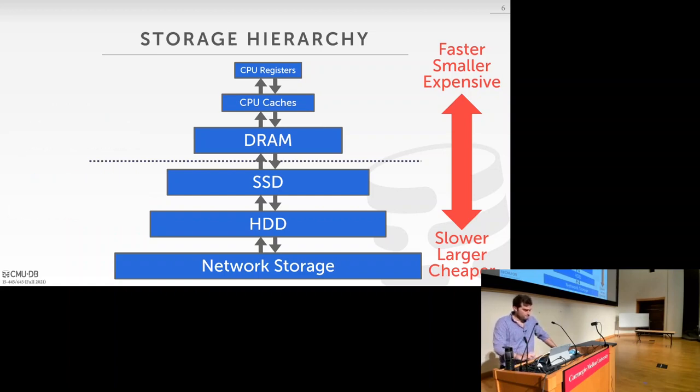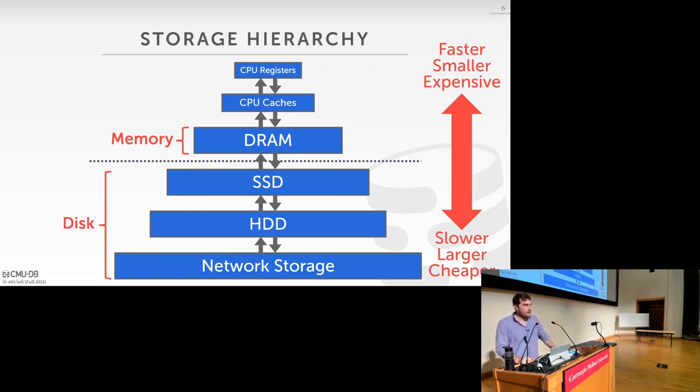So this split here is the important part we're going to care about for correctness guarantees in our system. Anytime that we talk about DRAM, we're just going to refer to it as memory in the course. And anytime we talk about any kind of disk or persistent storage, it's anything that's non-volatile.